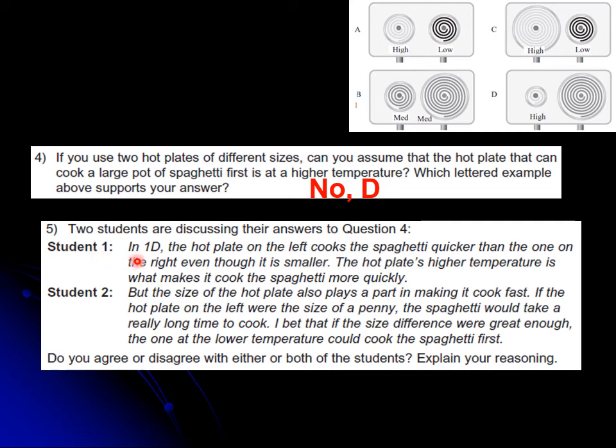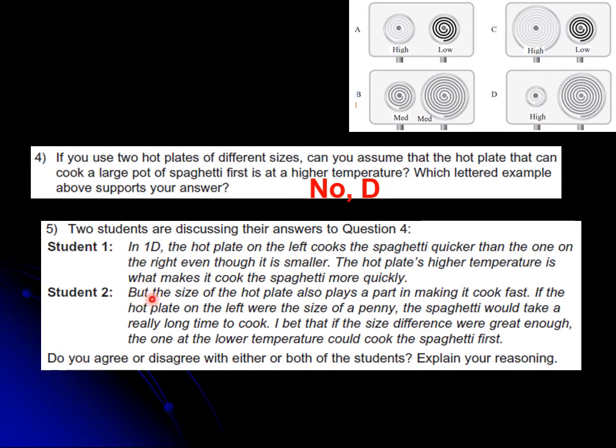Student 1 says, in 1D, the hot plate on the left cooks the spaghetti quicker than the one on the right, even though it's smaller, because the hot plate's higher temperature is what makes it cook the spaghetti more quickly. Well, student 1 is wrong, because we cannot tell whether the temperature compensates for the size.